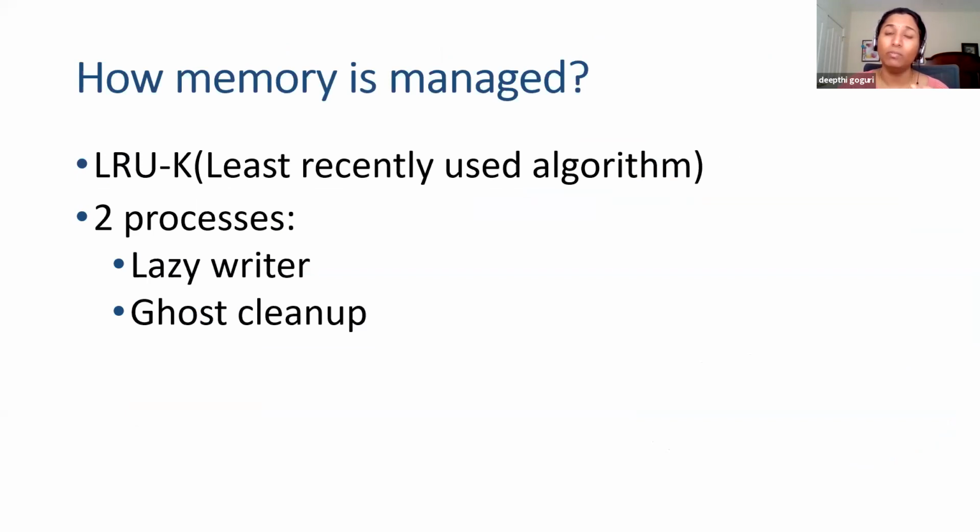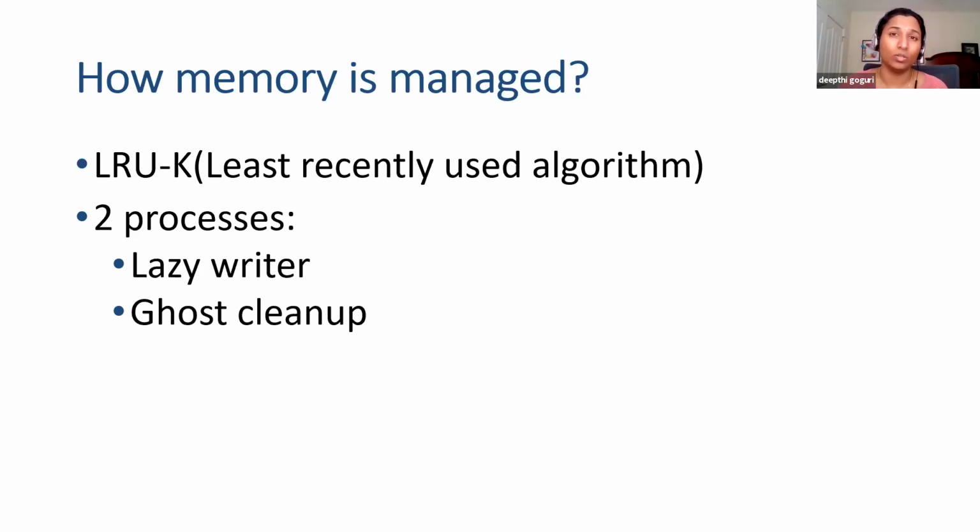LRU means if something stays inside the cache for a longer time, it will be discarded first. But SQL Server thinks this way: if there is an execution plan which got easily created with a low amount of cost and resources, and if it is not being used, that kind of execution plan will be discarded first.